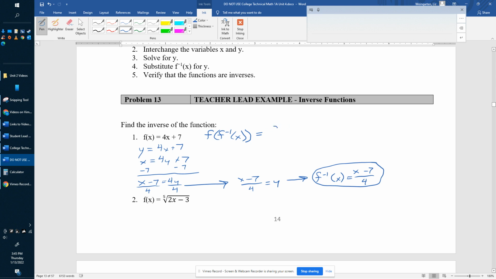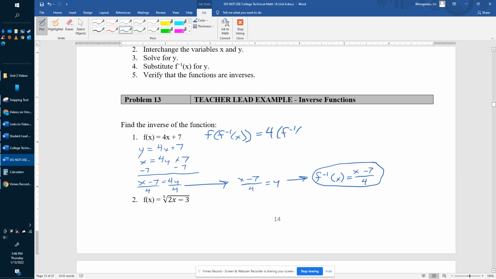So, let me try that again. We have 4 times f to the negative 1, or the inverse of f of x, plus 7. That equals 4 times x minus 7 over 4 plus 7.